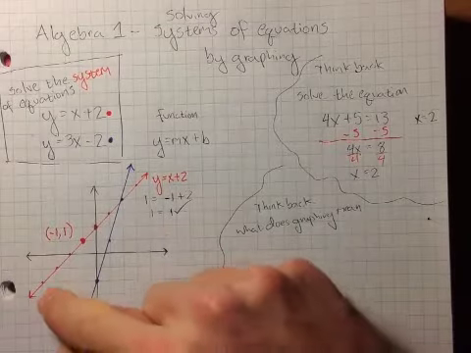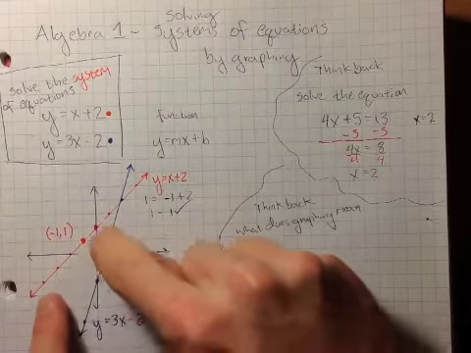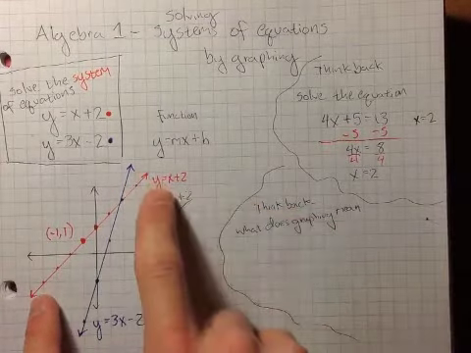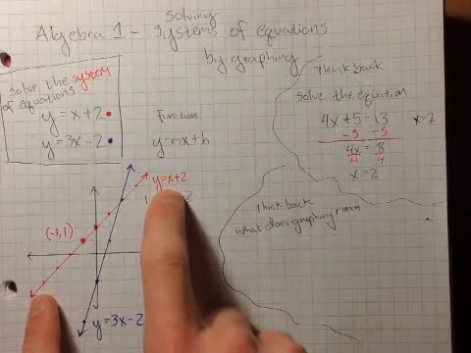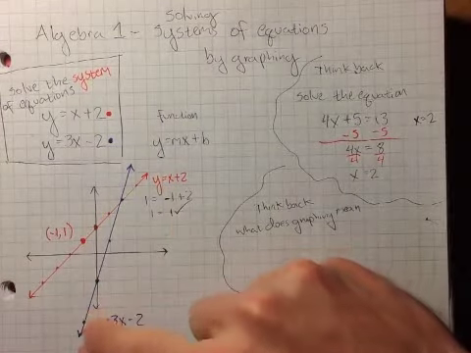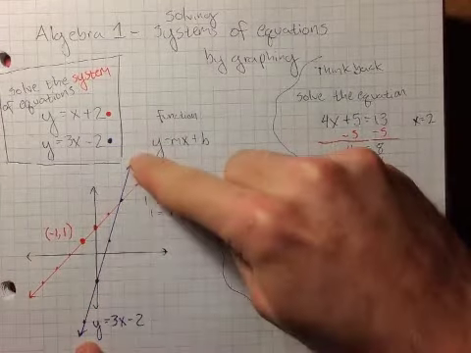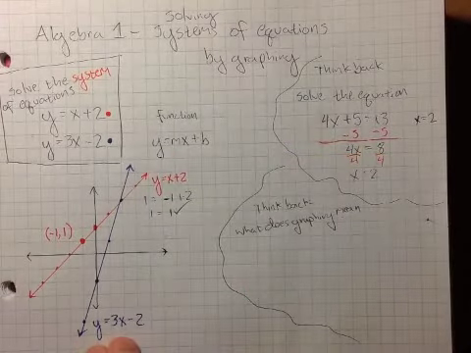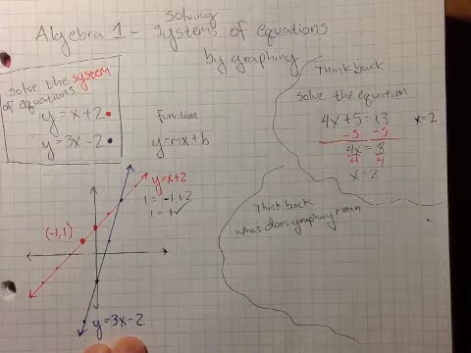Now, if all of the ordered pairs on the red line make y equals x plus 2 true, and all of the ordered pairs on the blue line make y equals 3x minus 2 true, what ordered pair makes both equations true at the same time? Well, right there, the intersection of the two lines.